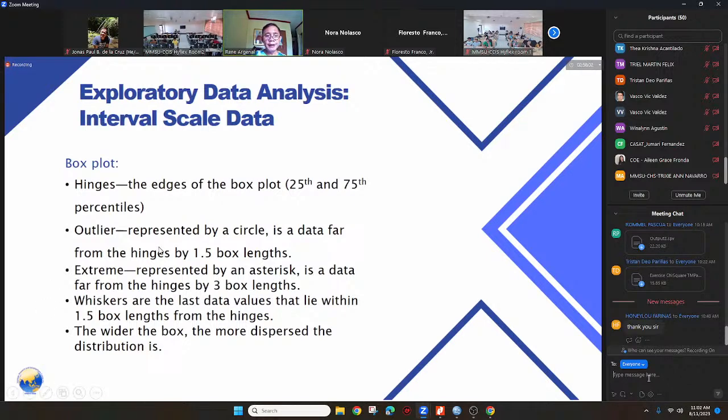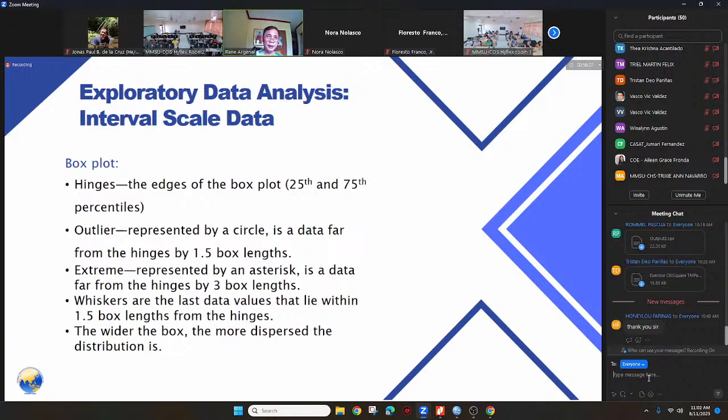And then if in the box plot there is a circle or a dot or an asterisk, it means that observation is an outlier. Of course, you have to consider the minimum and the maximum: what is the highest value and the smallest value?